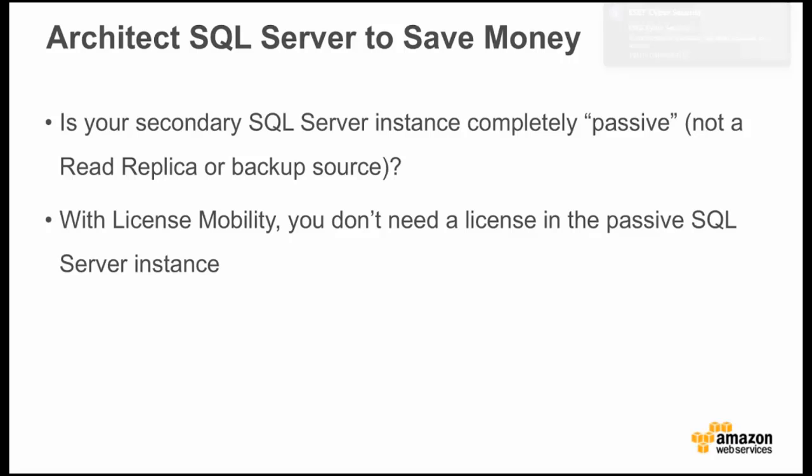Now do note that your secondary instance has to be truly passive, and it cannot be used as a read replica. There are many benefits to buying license-included SQL Server from AWS, but this really isn't one of them. This passive license benefit only applies to bringing your own license.